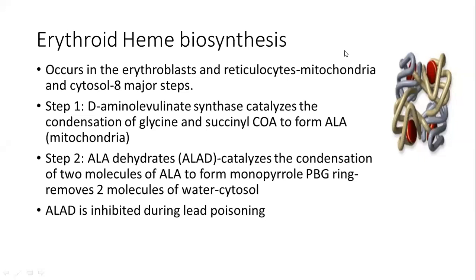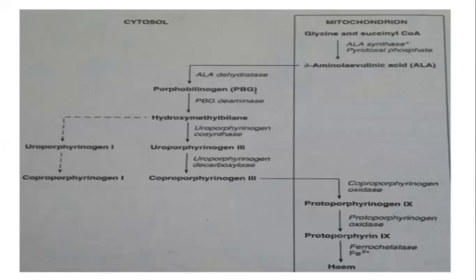And this occurs when 2 molecules of water are removed within the cytosol. Ladies and gentlemen, this is basically when you have 2 ALA condensed together to form porphobilinogen, all right? And this is occurring outside the mitochondrion. So that is step number 2.